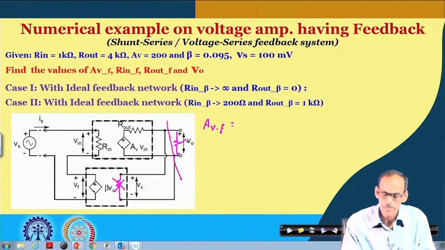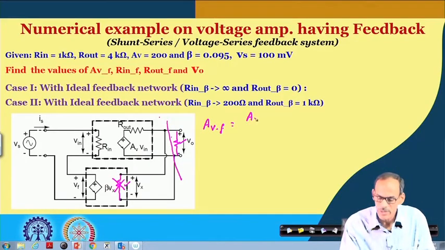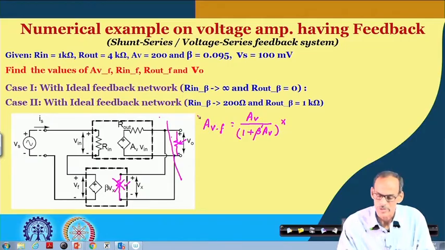To do so, without considering this, the internal AV, or internal AVF or intermediate AVF, is AV divided by 1 plus beta into beta dashed into AV, multiplied by whatever loading effect will come due to this R in beta.